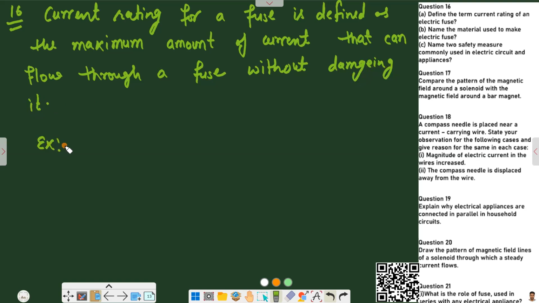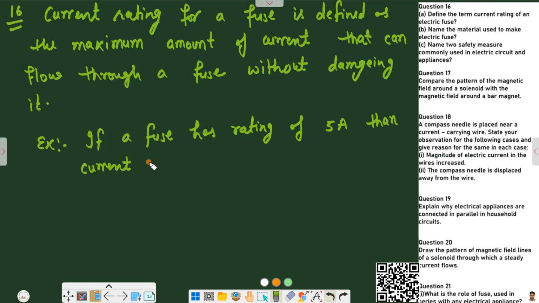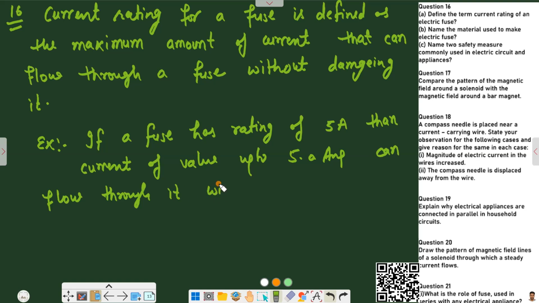For example, if a fuse has a rating of 5 ampere, then current of value up to 5 ampere can flow through it without any damage.